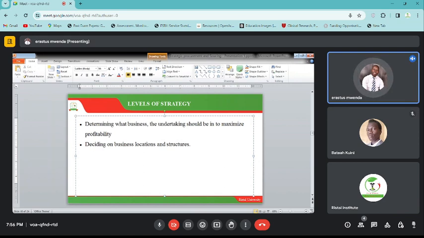And finally, it is to ensure that the skills and competencies of functional specialists are effectively utilized, and also to ensure that there is the provision of information and expertise that can be utilized in the formulation of a corporate strategy.